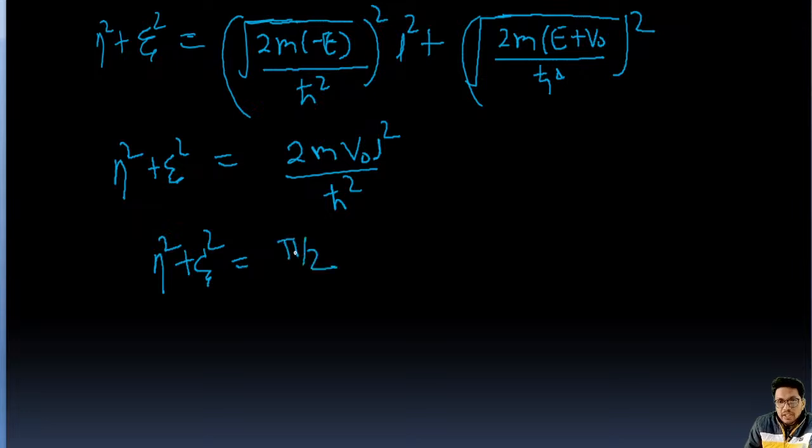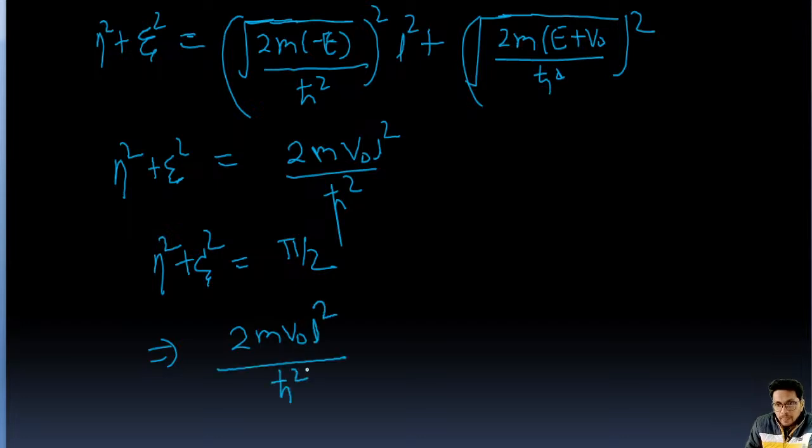So eta square plus zeta square, 2m v naught L square upon h cut square, is going to be pi by 2.